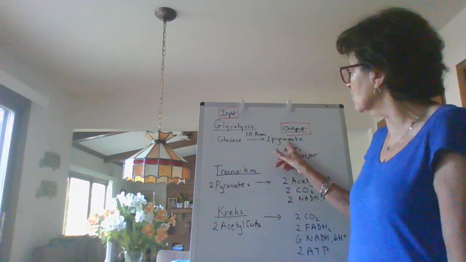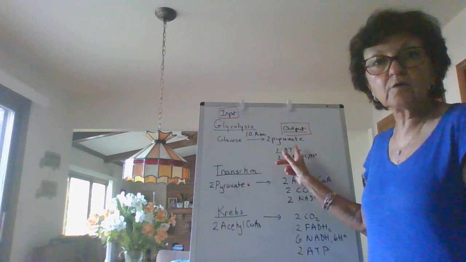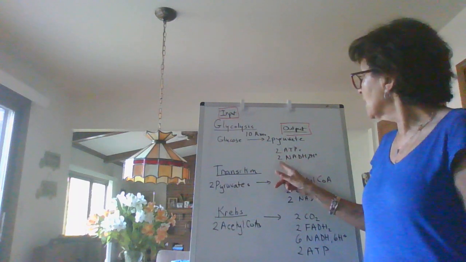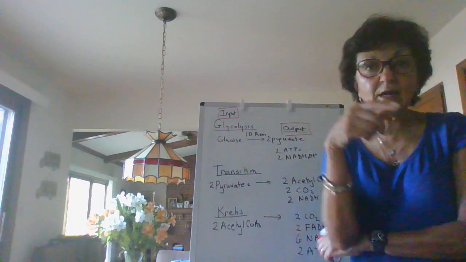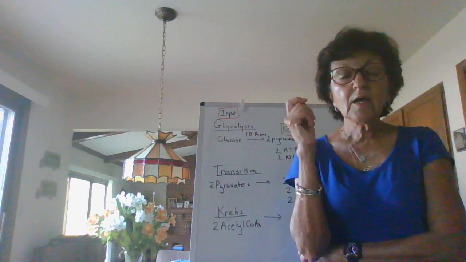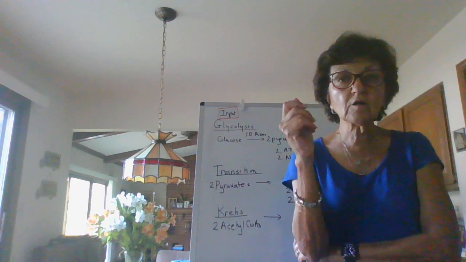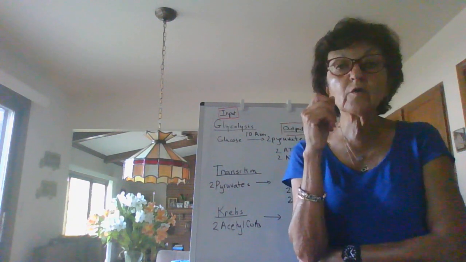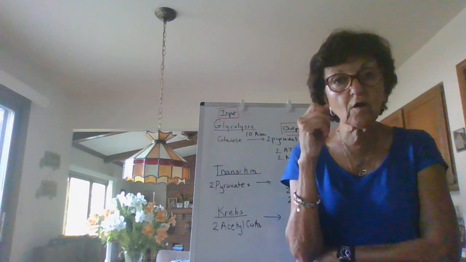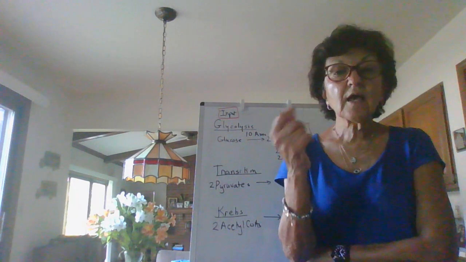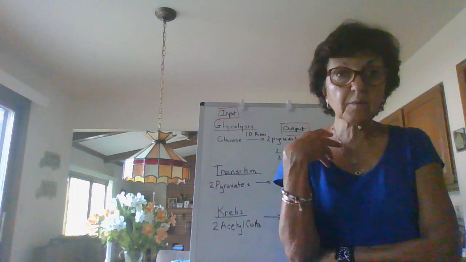You get 2 molecules of pyruvate, 2 molecules of ATP, and 2 molecules of NADH, H+. Okay, do you guys remember NAD? Remember how I told you in the last series of videos that NAD is an important coenzyme? And remember how I told you it's usually involved in redox reactions, and it can get reduced, it can pick up hydrogens.